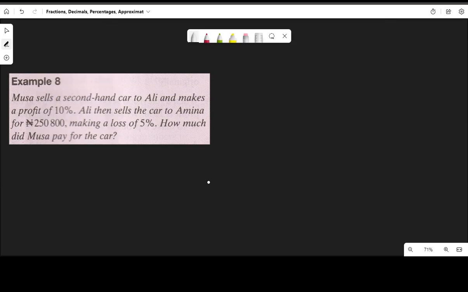Now, if Musa sells the car and makes a profit of 10%, that means Musa paid 100% over 110 of what Ali paid.